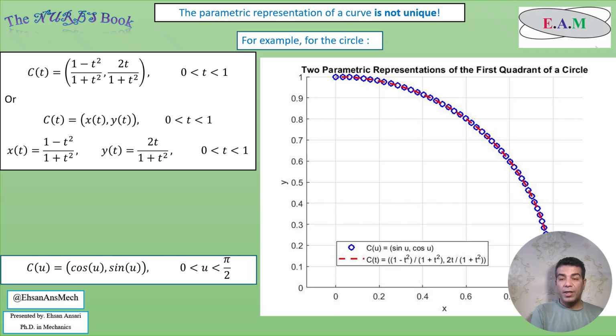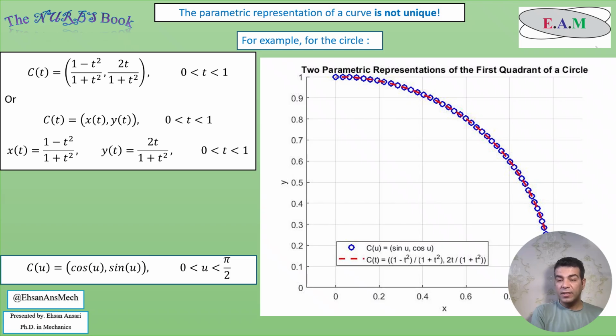Even though they look different, C(u) at the top and C(t) at the bottom of this slide, both trace out the same part of the unit circle, a quarter from (1, 0) to (0, 1) in the Cartesian plane.